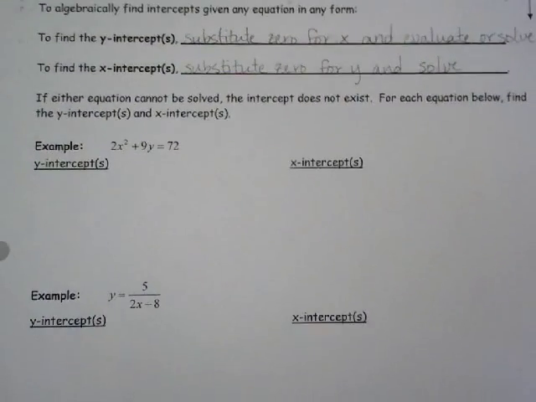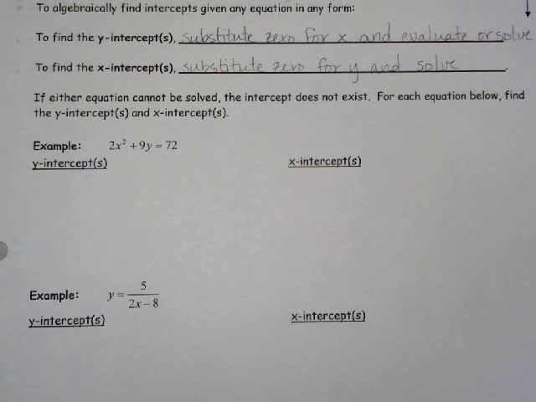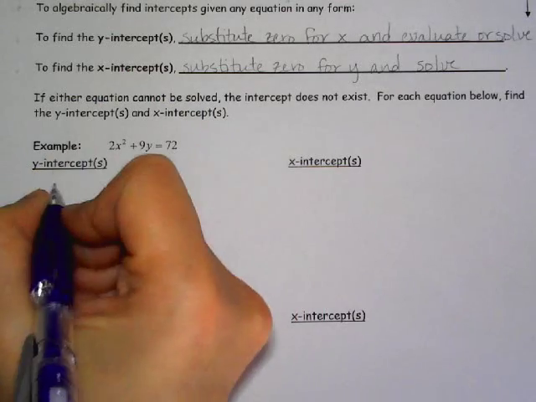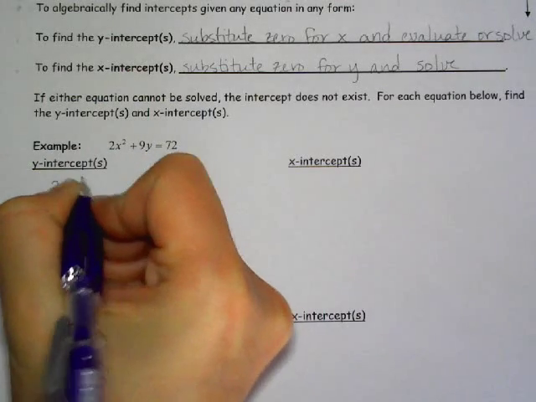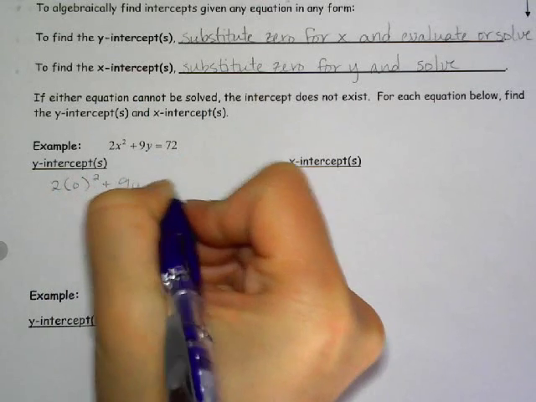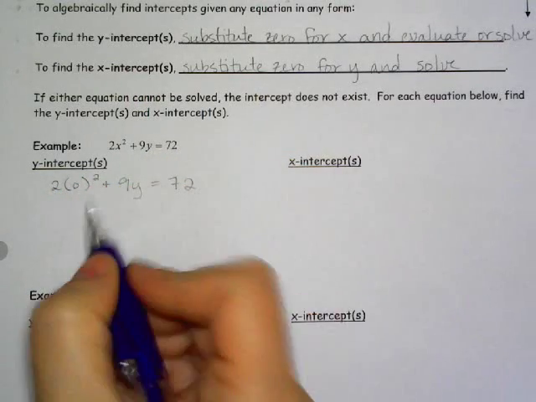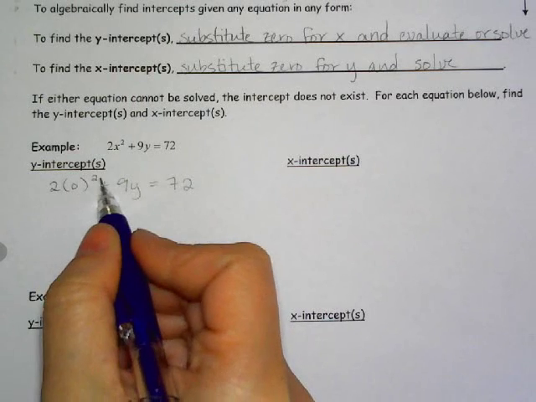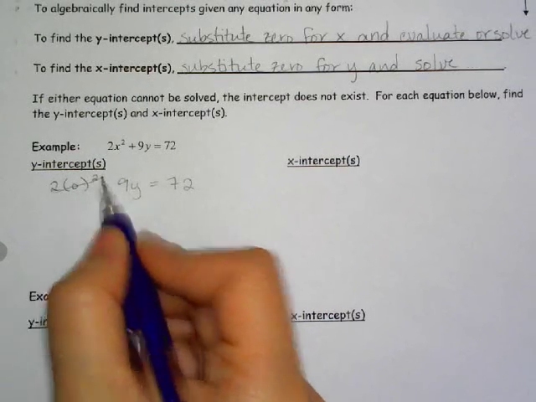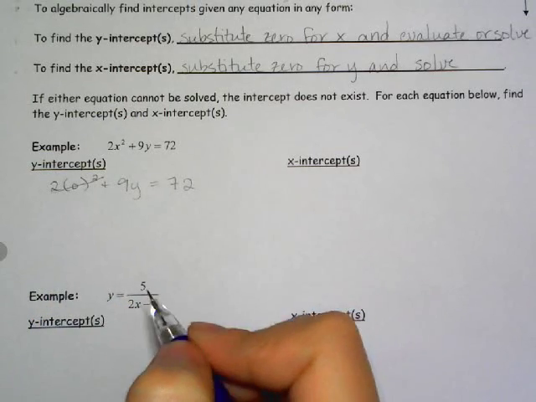Okay, so for our first example, 2x squared plus 9y equals 72. To find our y-intercepts, what are we putting in for x? 0. So 2 times 0 squared plus 9y equals 72. 0 squared is 0 times 2 is 0, so this entire term adds out.